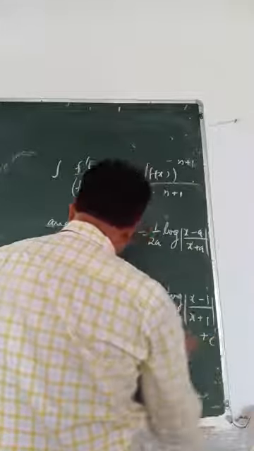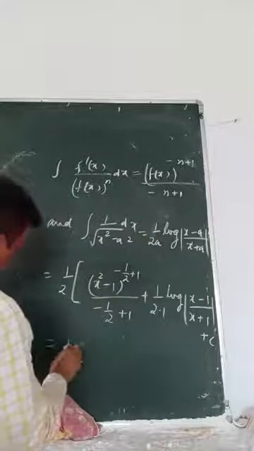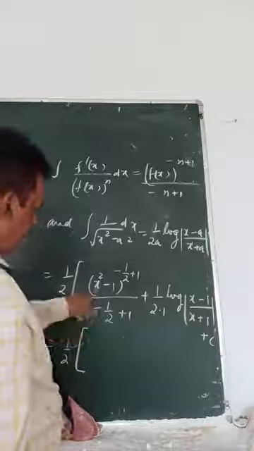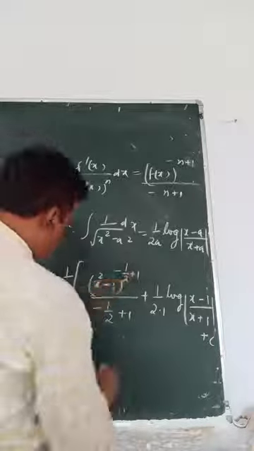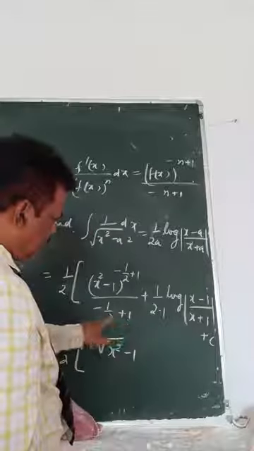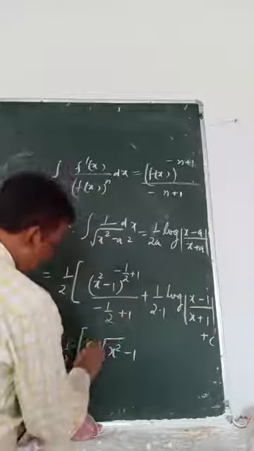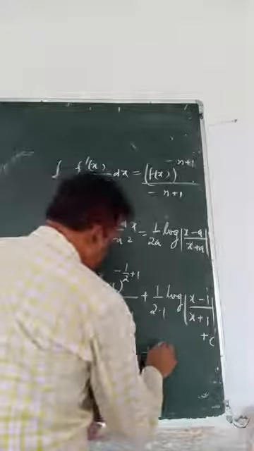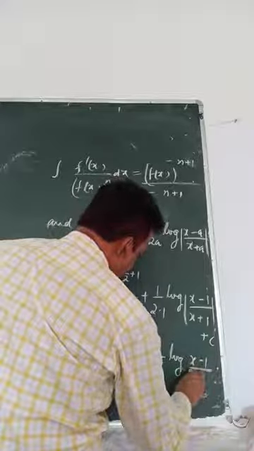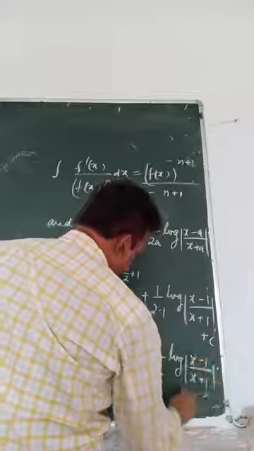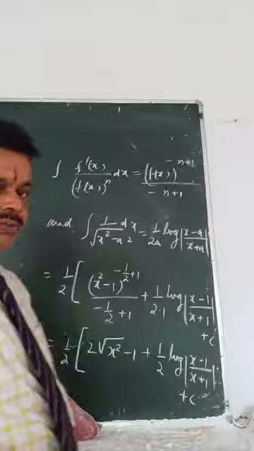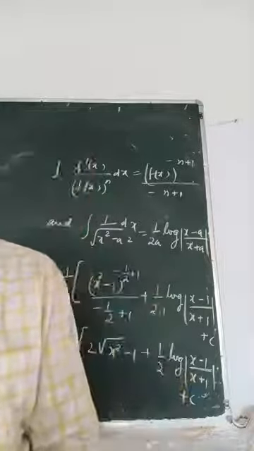So if you simplify, 1 by 2, this is how much? Half means root over of x square minus 1. This is how much? 2. 1 by 2, 1 by 2 will be 2 plus 1 by 2 log x minus 1 by x plus 1. Then 1 by 2 when you multiply, you get your answer. That is up to you. You can do it. Okay.